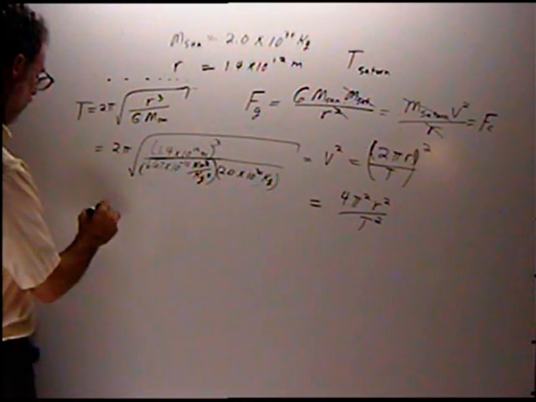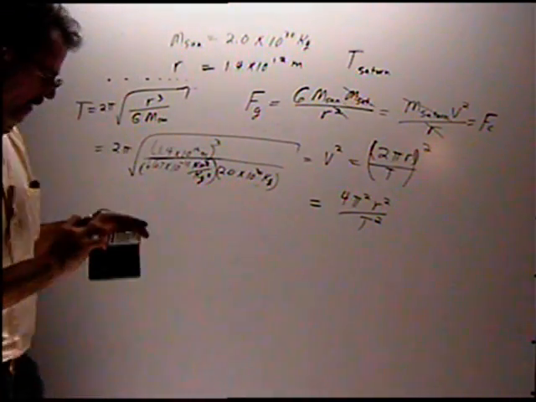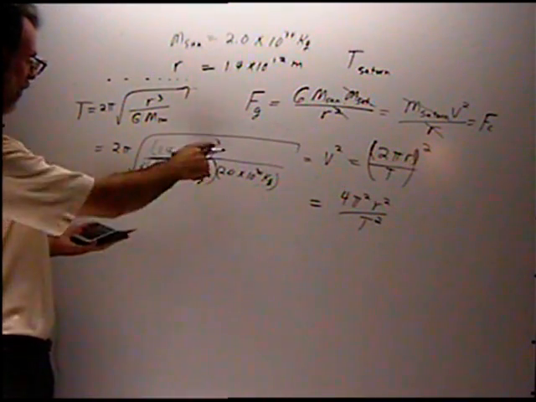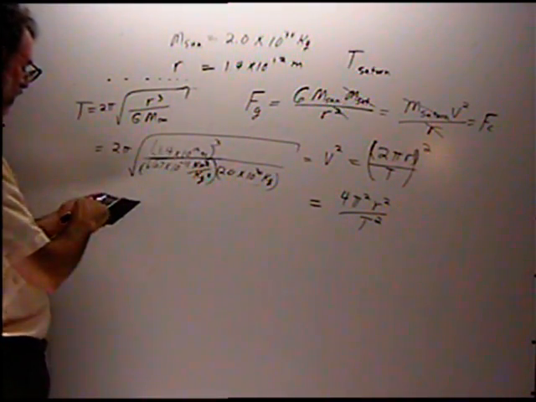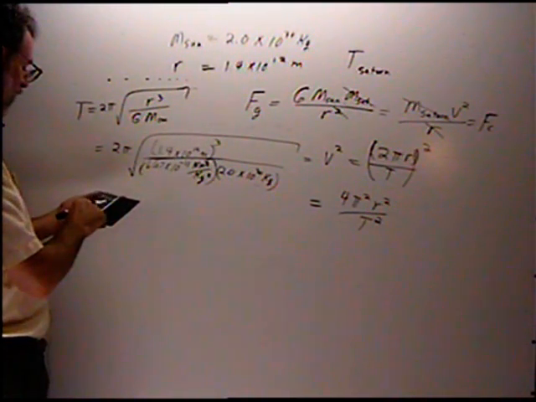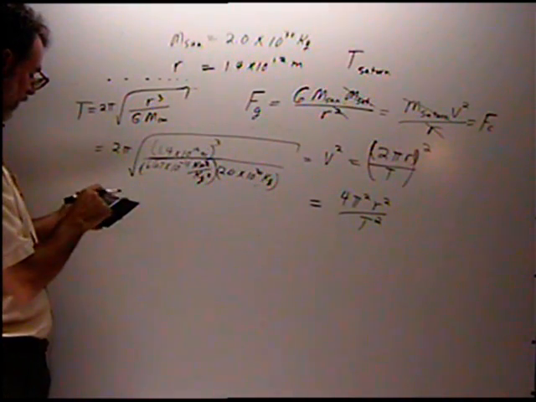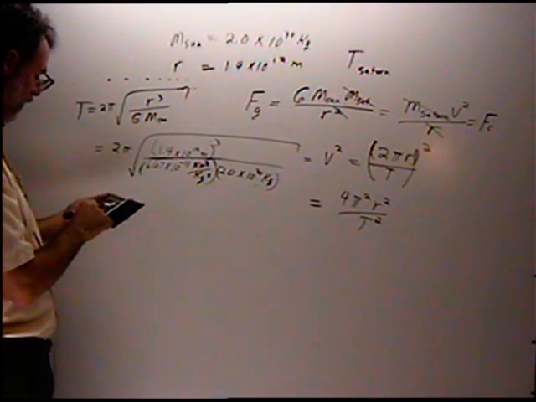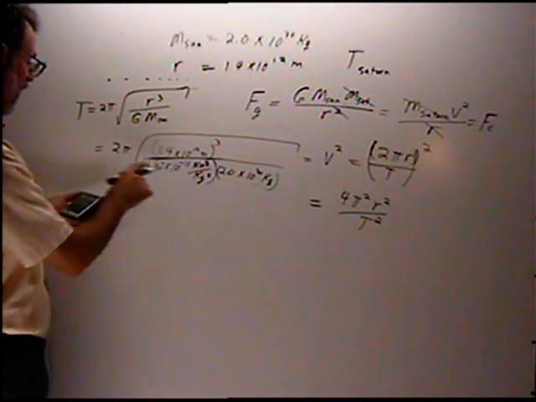Let's go ahead and calculate this. With the way my calculator works, I take 1.4 e to the 12th and cube that. Then I divide by g.